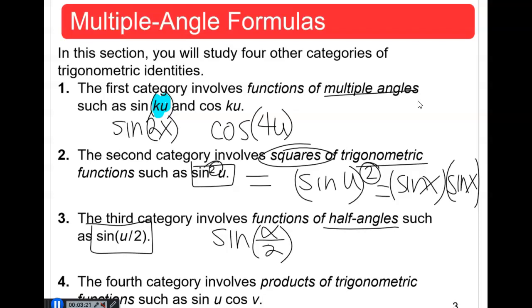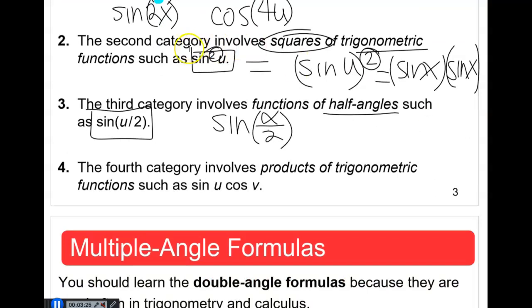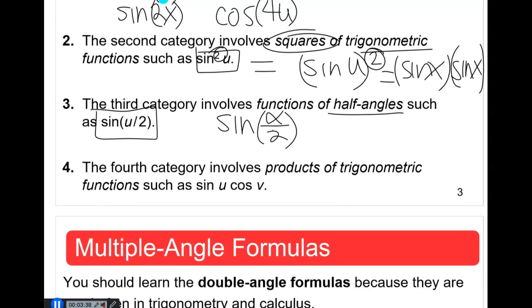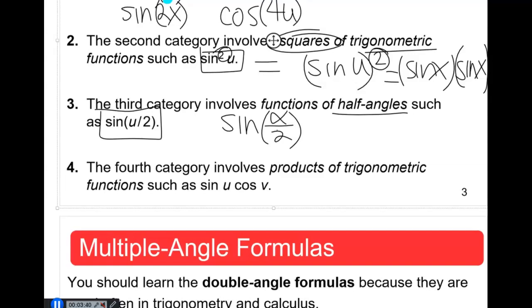And then we also have the fourth category, which involves products of trigonometric functions, such as sine of u, cosine of u. So if you recall from the previous section, we were using, for example, the formula to calculate the sine of the addition of 2 angles.